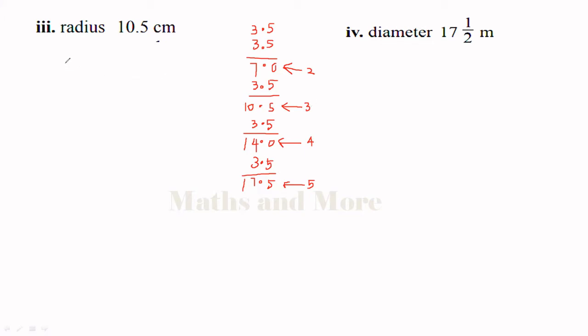Remember that. Let's use the formula C equals 2πr. 2 into π means 2 times 22/7.